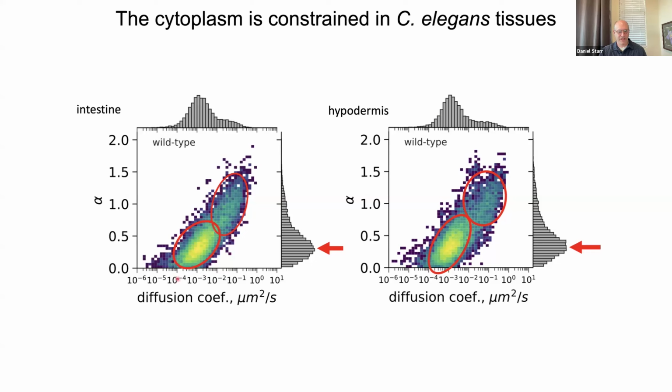There's a large population here with an alpha of less than 0.5, so a very constrained population that's moving incredibly slowly. And there's a second population here that's less constrained with an alpha around 1 and is moving faster than these GEMs.